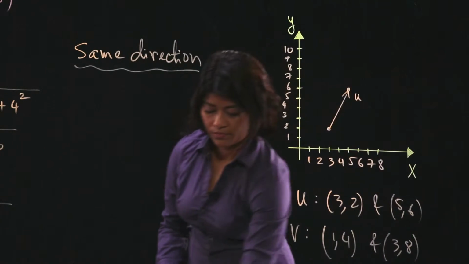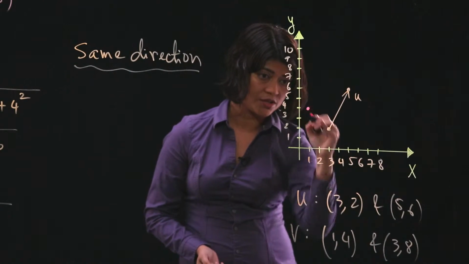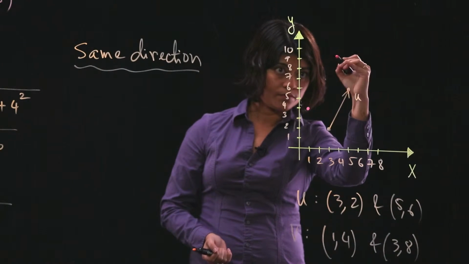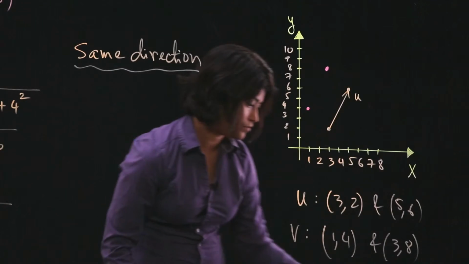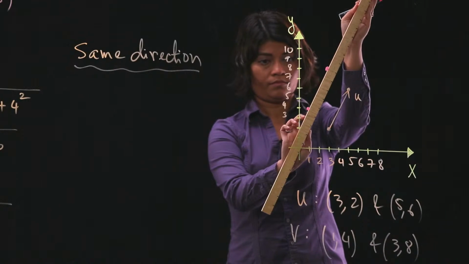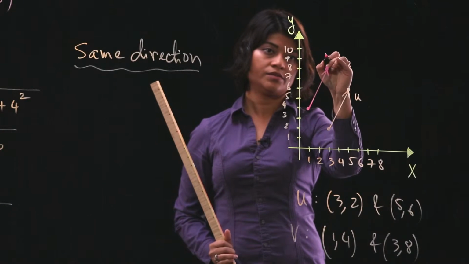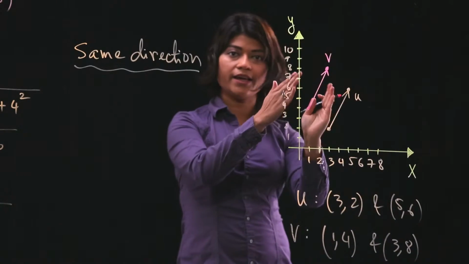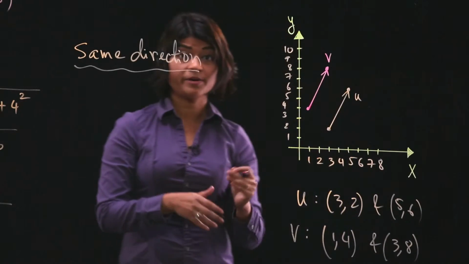Similarly, for v, let's plot 1, 4, that's the starting point, and it ends at 3, 8. About here. Okay, so this line segment is v. Now you can tell from the graph, they look like they are directed in the same direction, but just check in case there is some kind of mistake here.